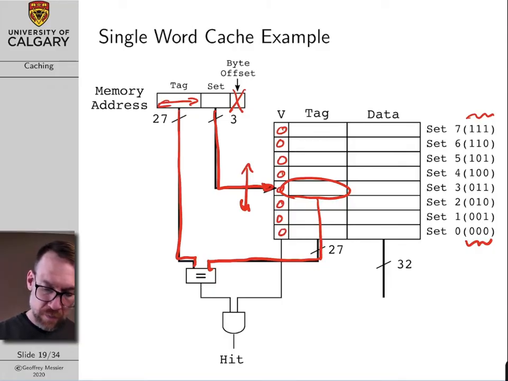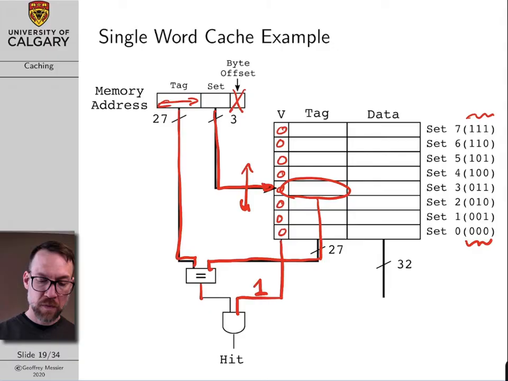And so the output of this equality test will either be 1 or 0. And then the last thing we have to do is also test if our cache entry is valid. And so if it's valid, then this line is going to be equal to 1.